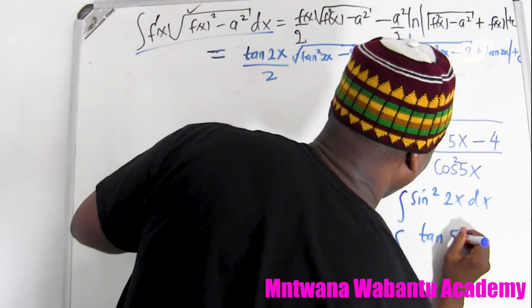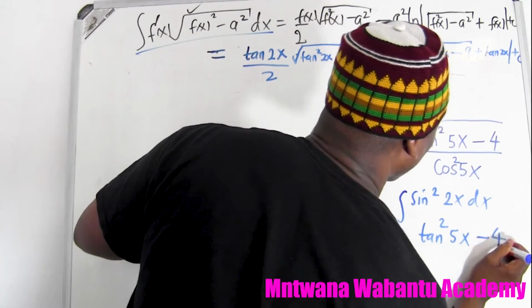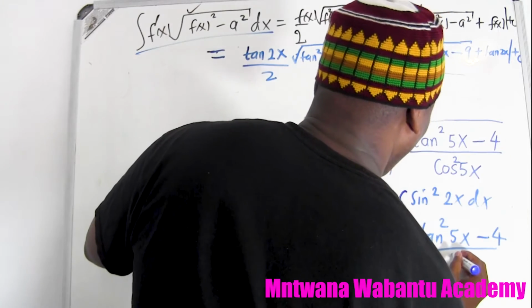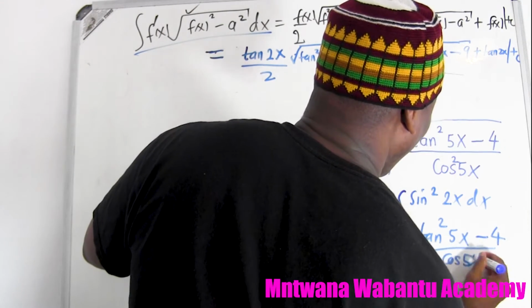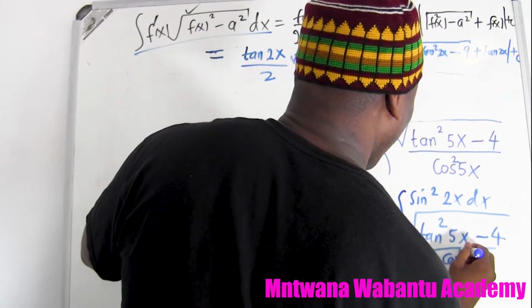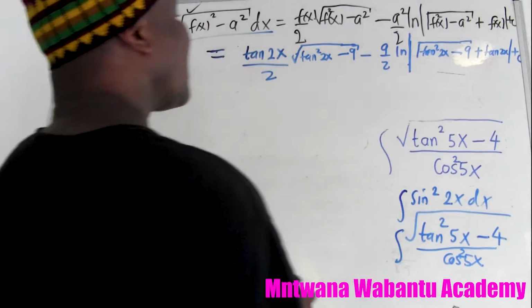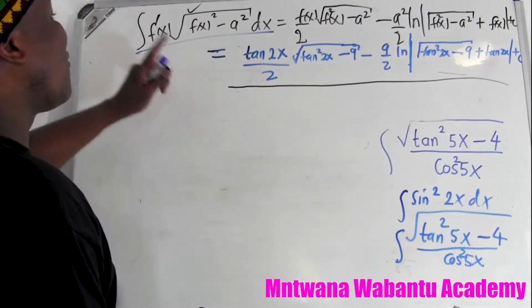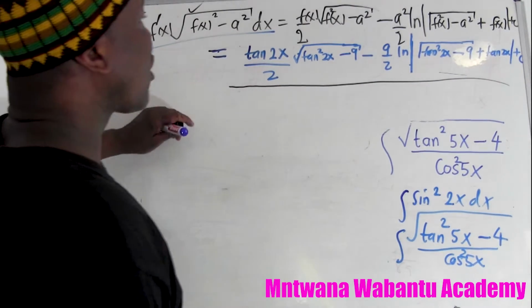Tan 5x square, which is very similar to that, over cos 5x, and this is root cos square. So then I'm going to say, make sure you divide, even though it's not the formula. You divide by your, okay, what was the question?